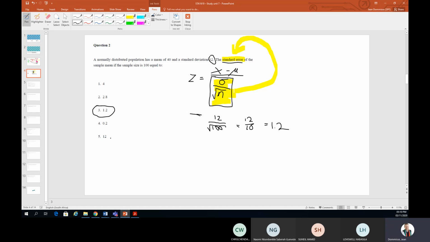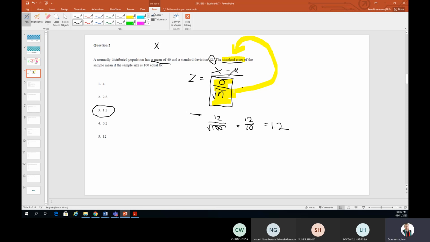The scary thing with this one is, luckily they didn't give us an x. They give us the mean, but they don't give us an x. So because they don't give us an x, we won't fall into the trap of calculating a z.